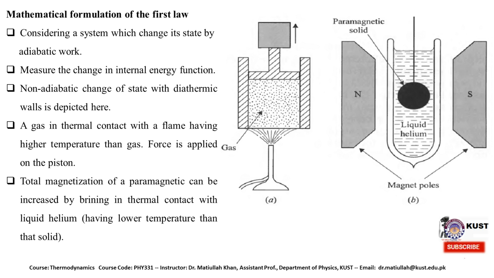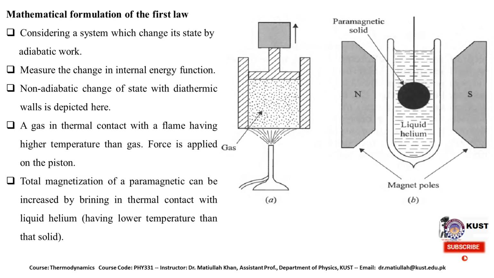This is one of the cases, and in both cases heat is transferred between the bodies, and this heat transfer occurs by virtue of temperature difference. If there is no temperature difference between the two bodies, then there will be no net heat transfer between them.